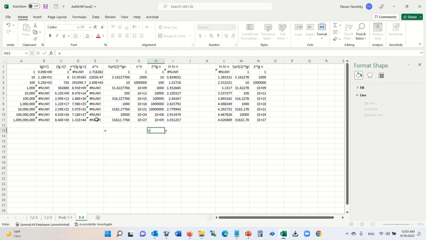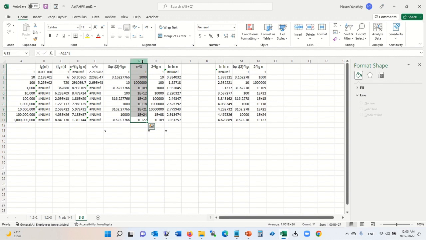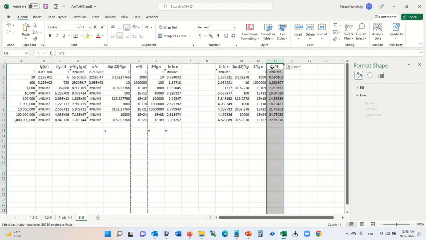But this ends up at 27. This ends up at 30. So I think this is the next largest. So we'll put this here. Copy. Paste. Okay, I don't know why that's a 0. 1 to the third power is a 1.